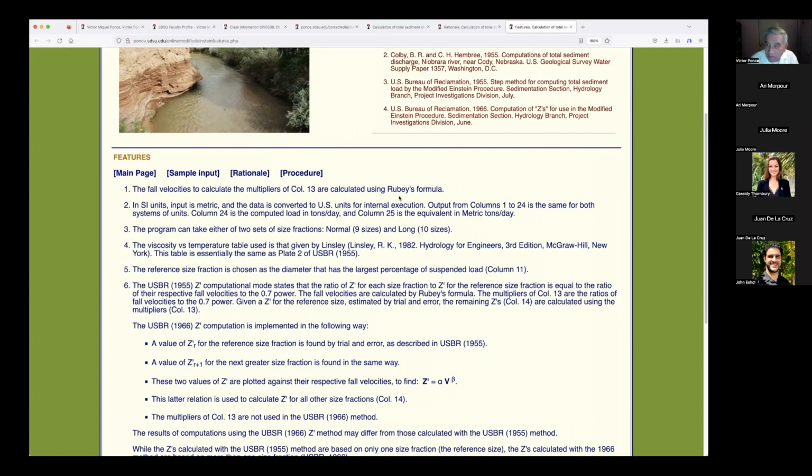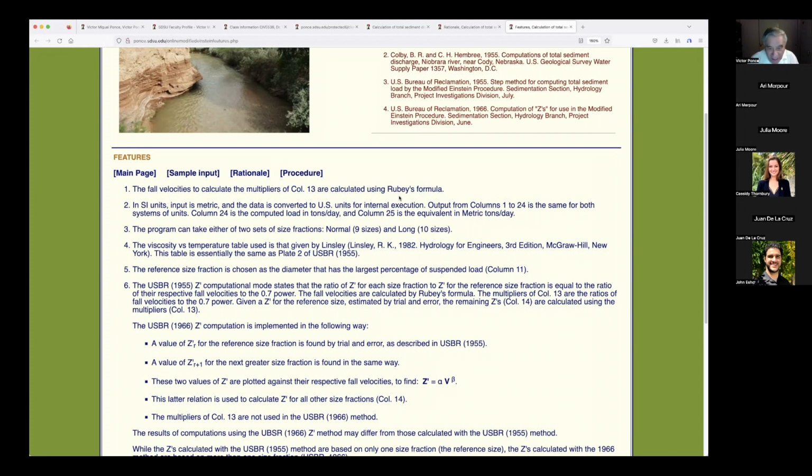The USBR 1955, the original method for the computation of Z prime, which is the exponent used in the computation of the standard, the reference size.